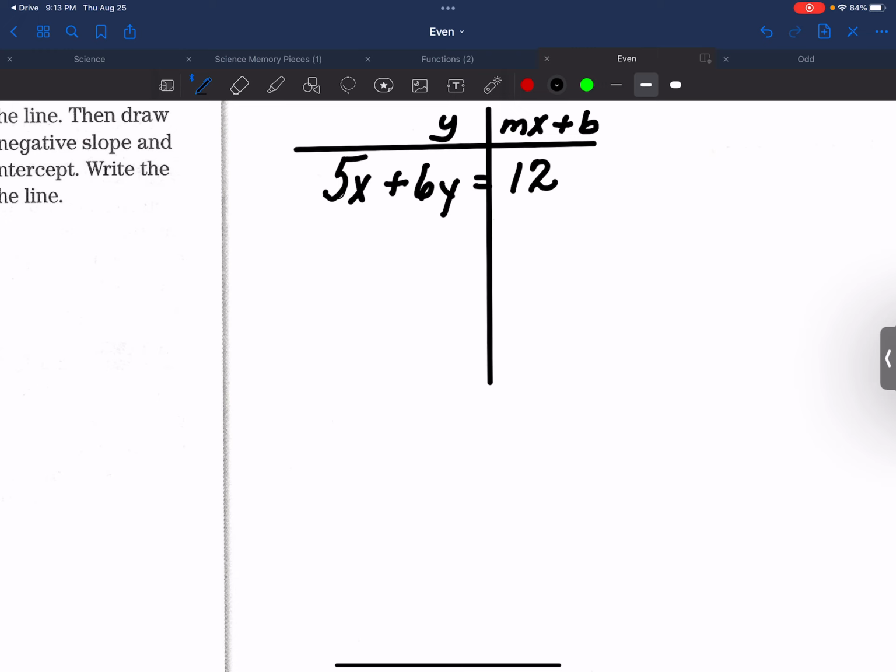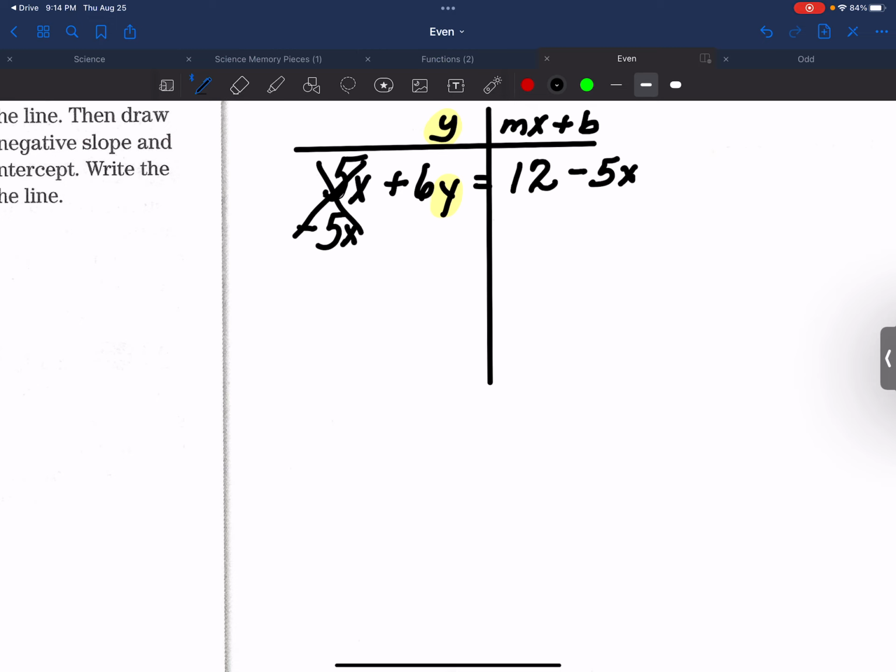So then you start matching up what you have. Well, we have a y and a y. We have a constant over here, the 12. We can leave that there. But we need to get that 5x over to the other side. So I'm going to subtract it here, which will make it cancel away. And then over here, I'm just going to bring it in there.